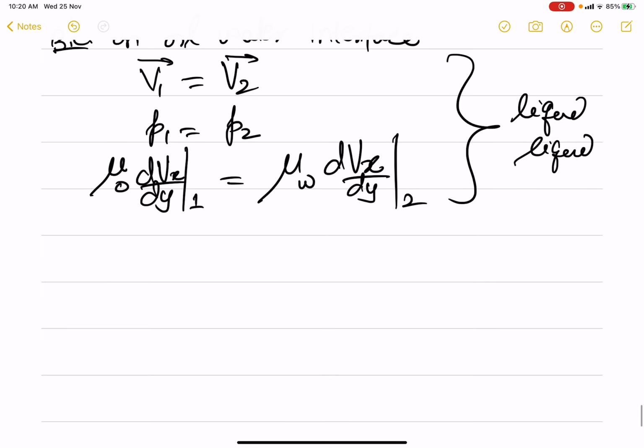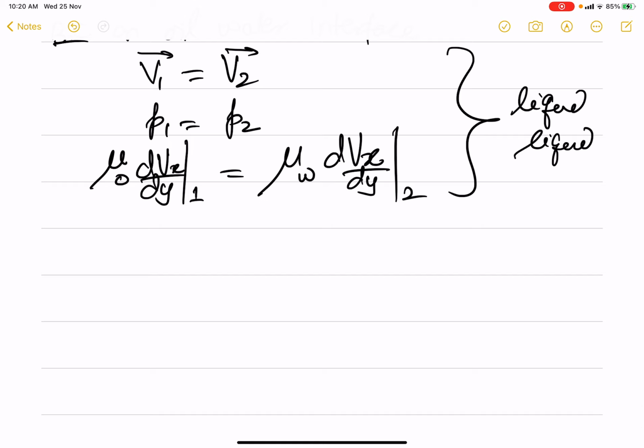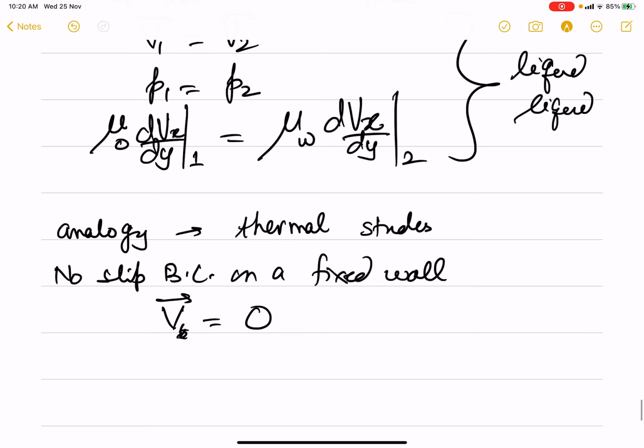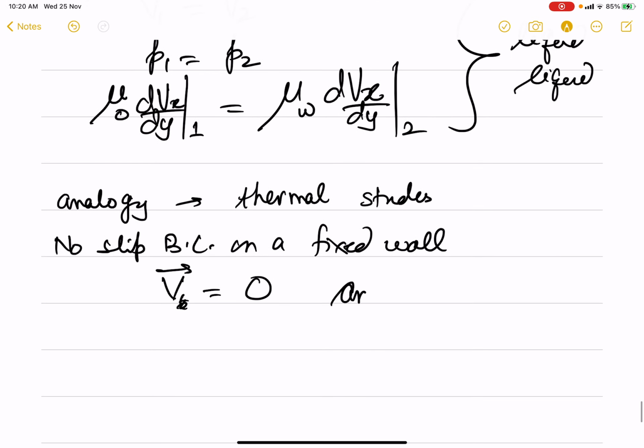Now when we look at these two boundary conditions, a simple analogy which one makes with thermal studies is possible. If you look at the no-slip boundary condition on a fixed wall, we get the tangential component of velocity is 0, or actually the full velocity will be 0 as the normal component is 0, and this is analogous to the boundary condition temperature is equal to constant.